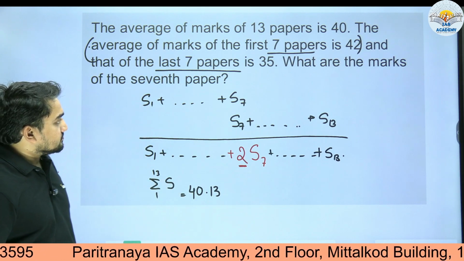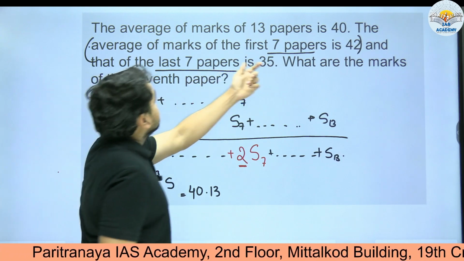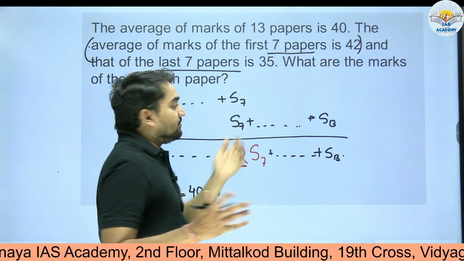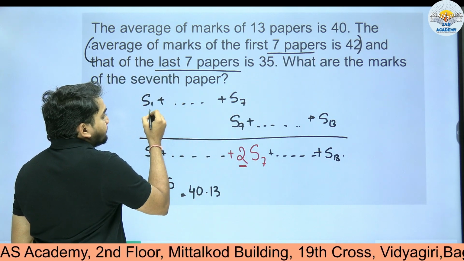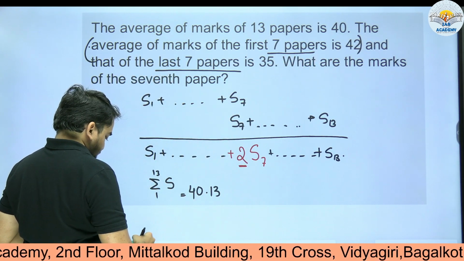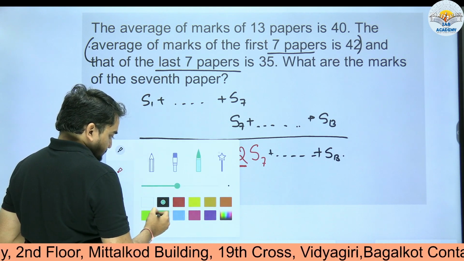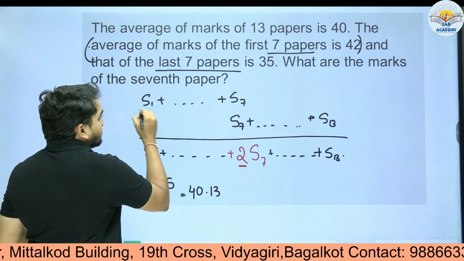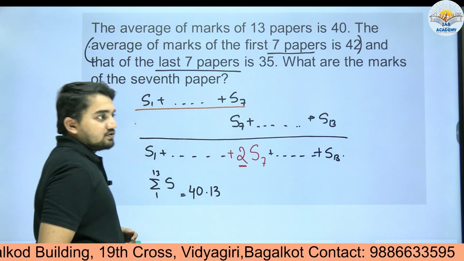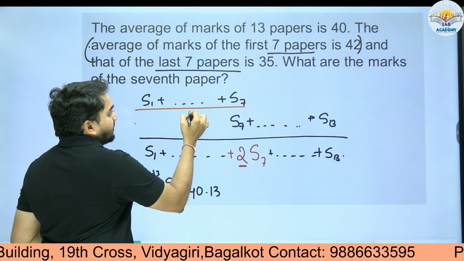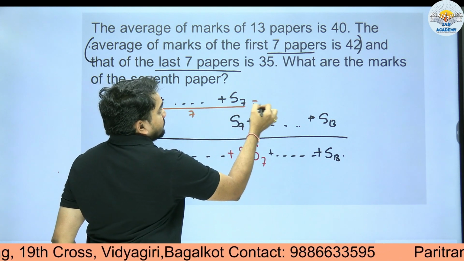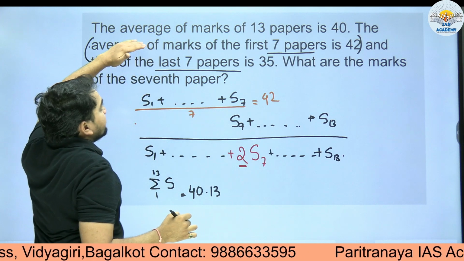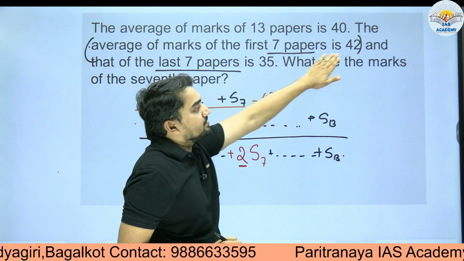Secondly, they have said that the average marks of the first 7 papers is 42. The average of marks of the first 7 is nothing but this whole thing divided by 7 equal to 42.